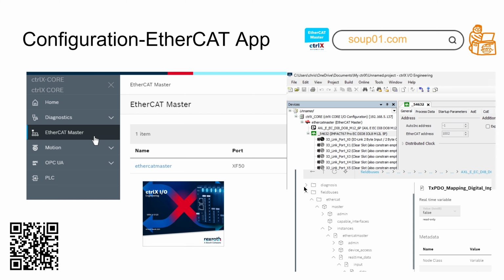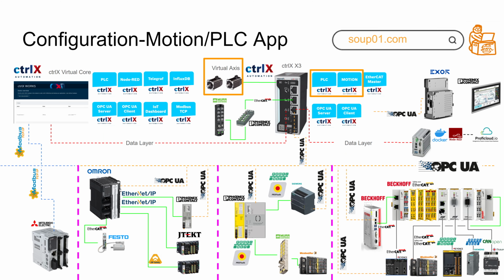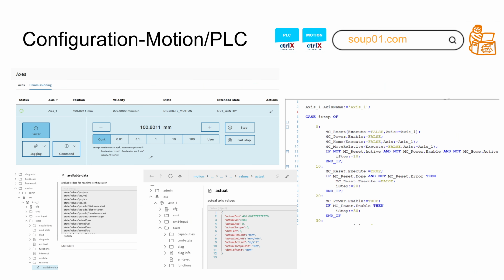And as I mentioned before, all data can be accessed with the data layer. So here then the other thing is called the motion and PLC apps. Because this time I didn't connect to a real axis on the ctrlX X3, I just use a partial app in here. And for the motions, all the axes are configured with the web browser. You don't need external software, don't need to pay anything more.